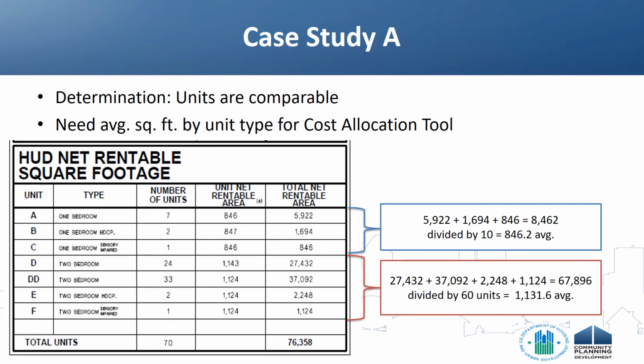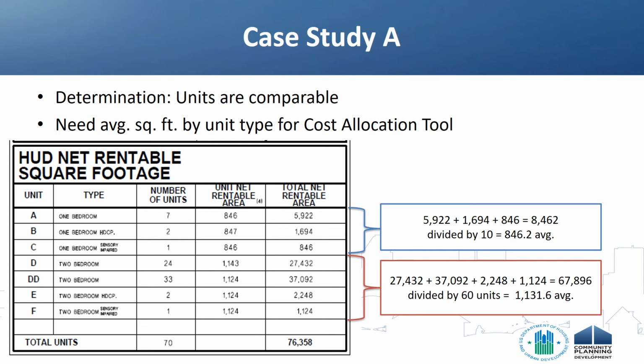In the case of the two-bedroom units, we do the same thing. 67,896 total square feet of two-bedroom units divided by the 60 units gives us an average of 1,131.6. So even though we see that the D-type units are a little bigger than the average at 1,143, they only have about 11 or 12 more square feet, while the others are all at about 6 square feet smaller than the average.